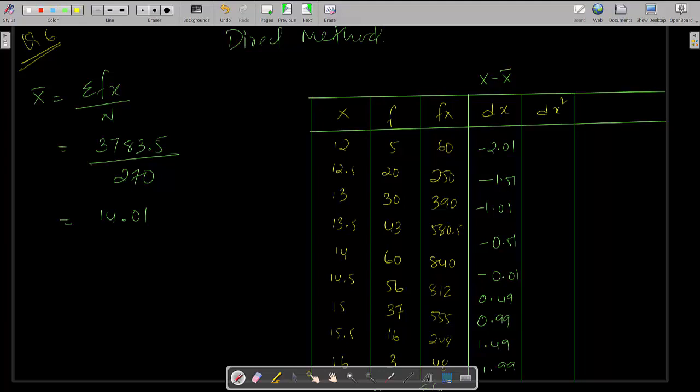So now you have to square this value, dx squared. If you square minus 2.01, you will get 4.0401.